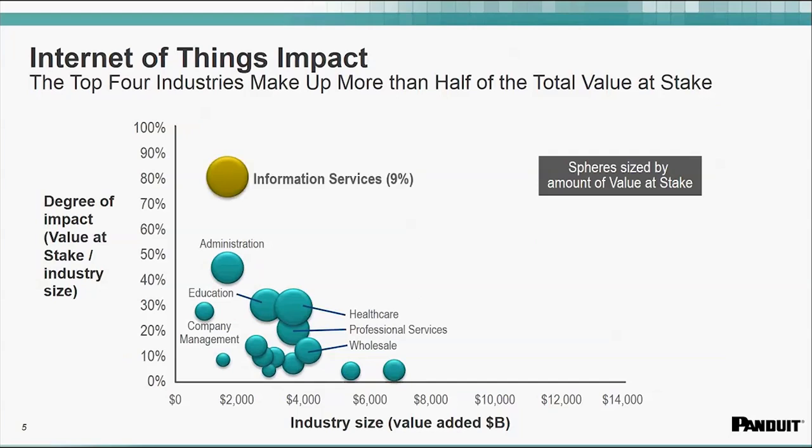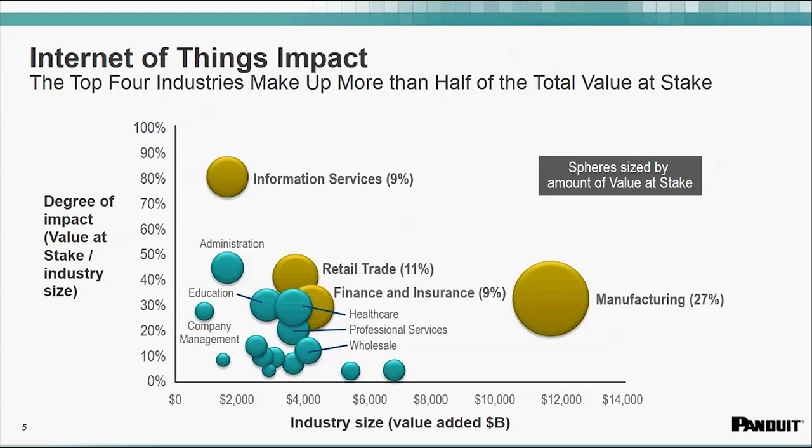The next 3 yellow-green circles represent about 30% of the value. The greatest estimated share of IoT value is coming from manufacturing at 27%. Most IoT growth is anticipated in manufacturing. Is your network infrastructure ready for this disruptive growth?